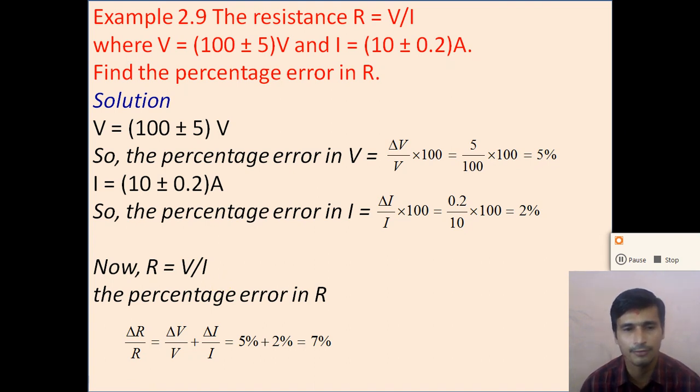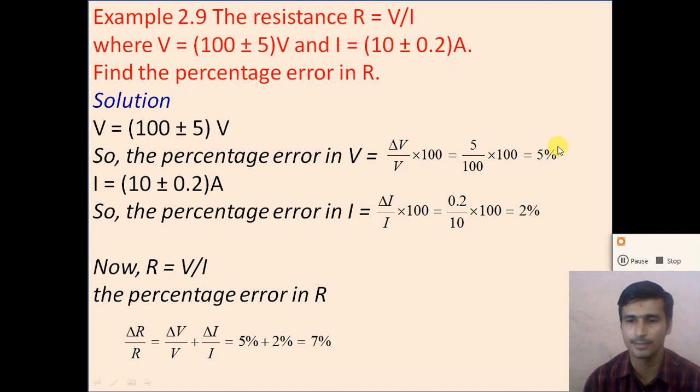So delta V by V is 5% and delta I by I is 2%, we get the answer 7%. So dear student, here the percentage error is also the sum of the individual percentage errors. Understand this example.